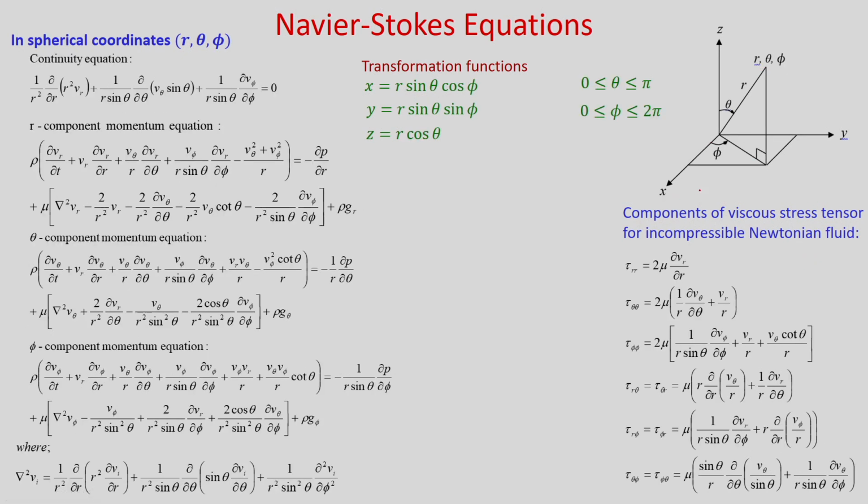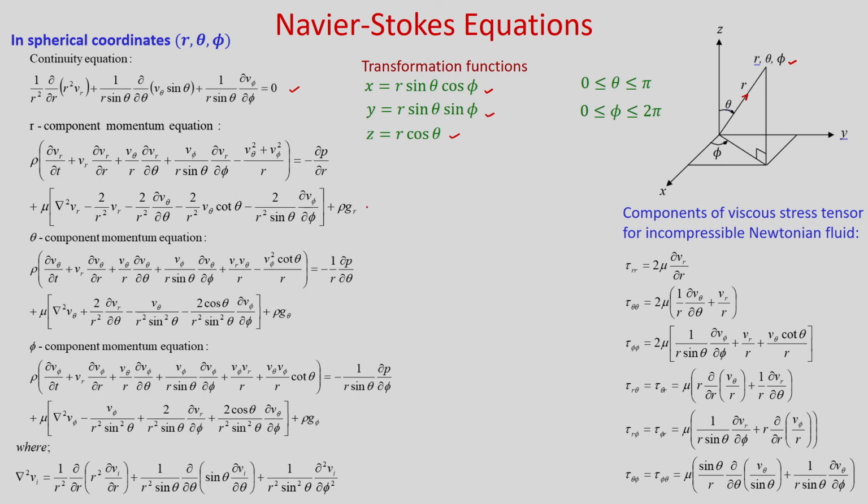And in spherical coordinate, we are considering r theta phi. So, this is the phi. So, phi obviously you can see it will vary 0 to 2 pi, this is the theta, it will vary 0 to pi, and this is the r. So, if you use these transformation functions x equal to r sin theta cos phi, y is equal to r sin theta sin phi, and z is equal to r cos theta, then you can write the continuity equation in spherical coordinate like this.